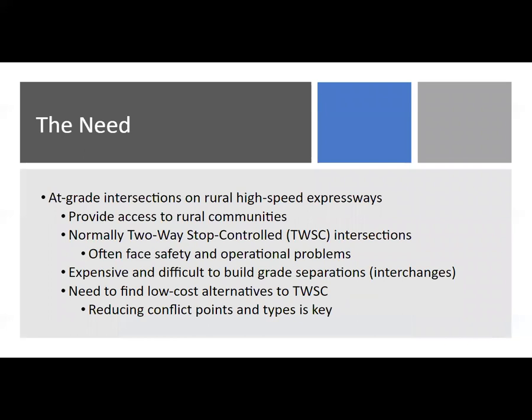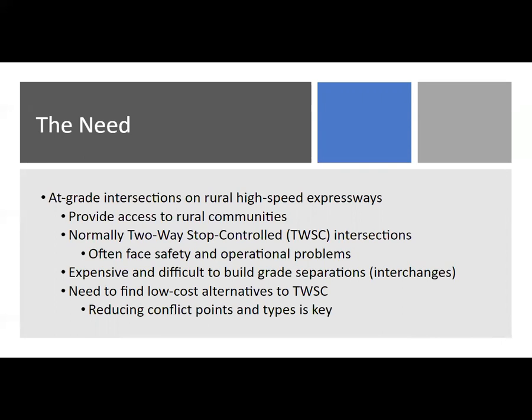So I talked about how at-grade intersections on rural high-speed expressways provide access to rural communities, like that winery that I talked about. And normally, two-way stop control intersections, as they are designed, face safety and operational issues. And it's very difficult and expensive to build grade separations everywhere.